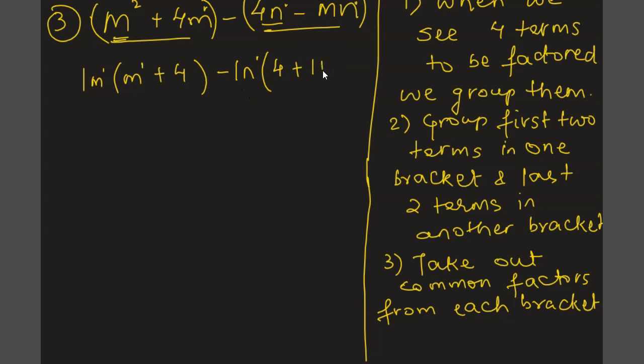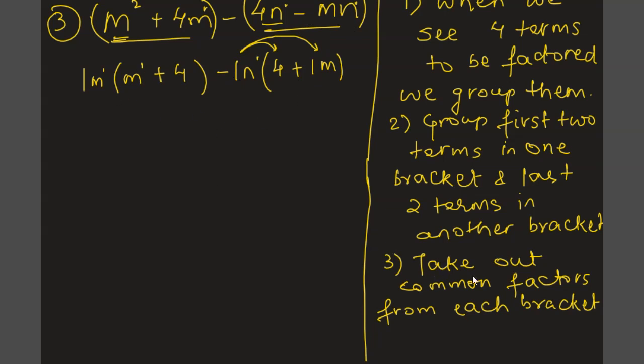We are just left with an m. If we want to see whether we have done it correctly or not, all we have to do is just try multiplying it and see if we get these terms back. 1n times 4 is 4n, and that's right. 1n times 1m with a minus sign gives us a minus mn, and that's fine, so it's correct.